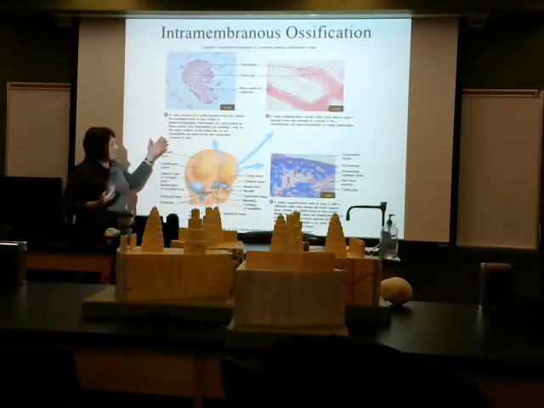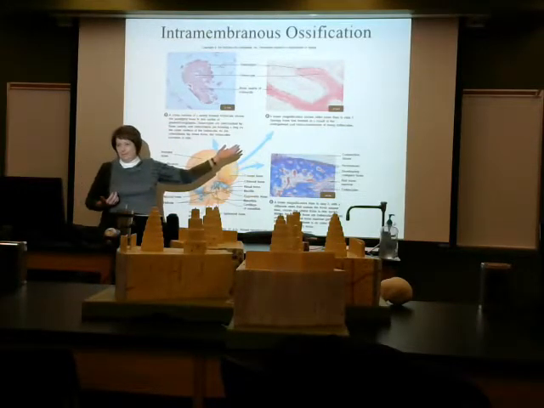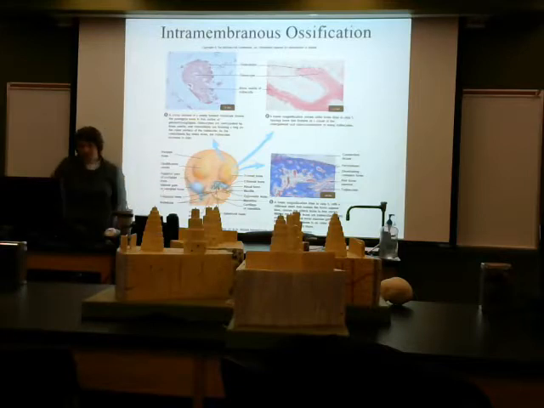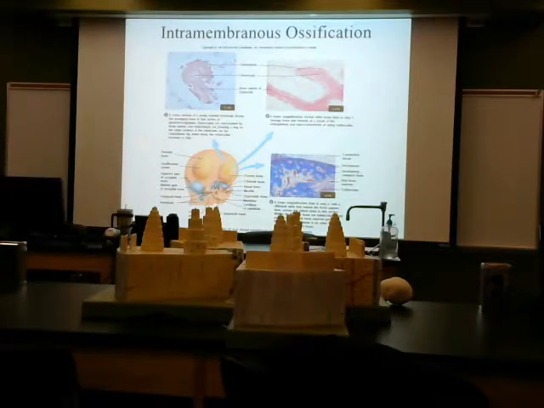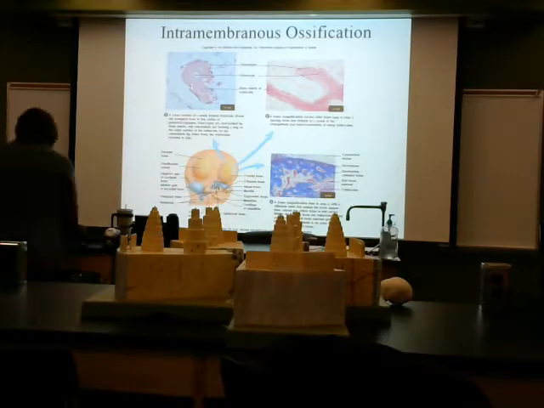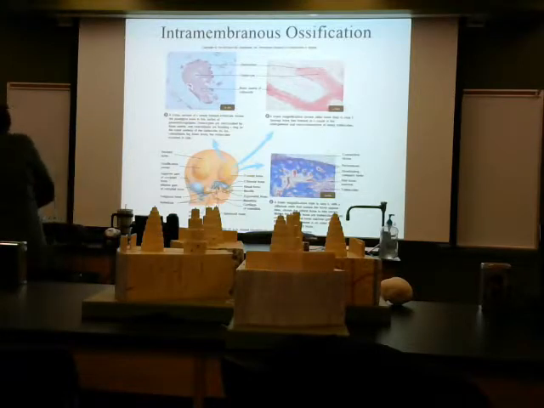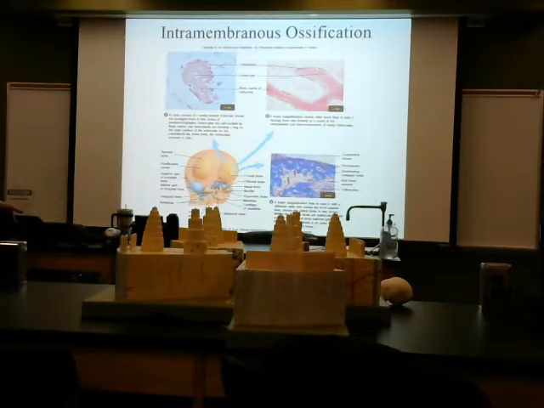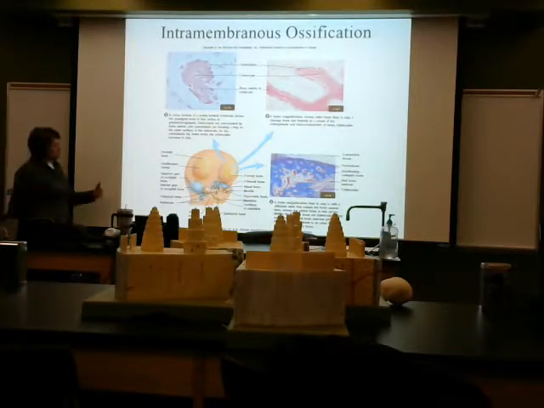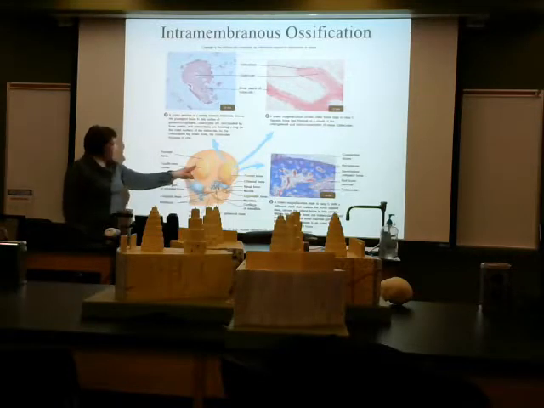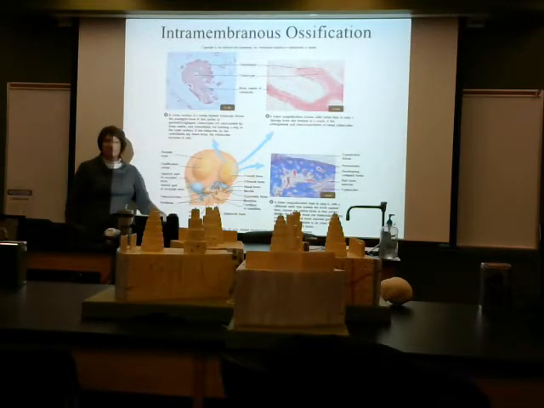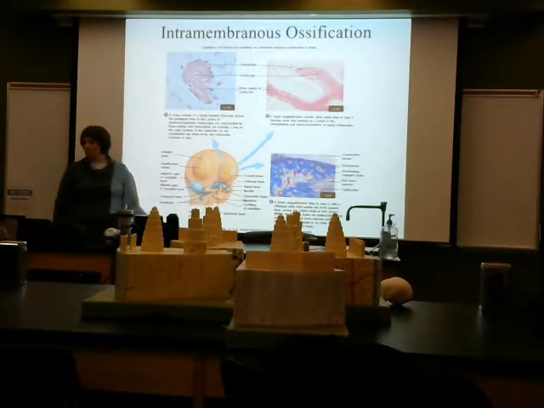As development takes place, it gives rise to our upper portion of the body. We are going to see it giving rise to the skull, the mandible, parts of the clavicle, and they can actually visualize this with microscopes.